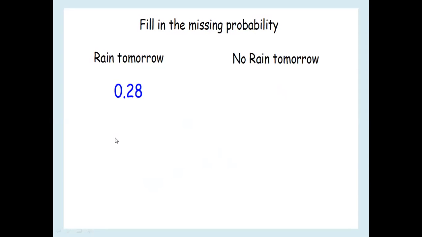Rain tomorrow, 0.28. So no rain tomorrow is gonna be what? Girls who answered, lower your hand, please. Let's give a chance for those who didn't answer. Tala. 0.72.